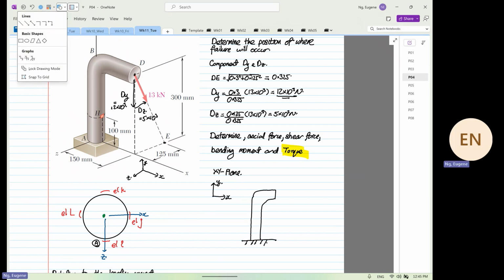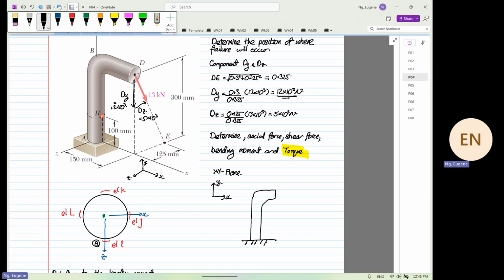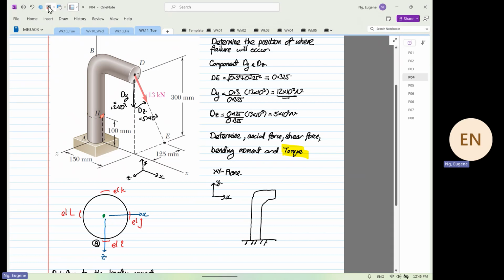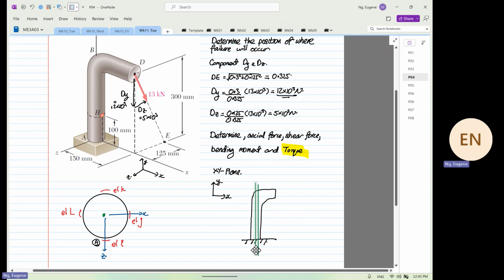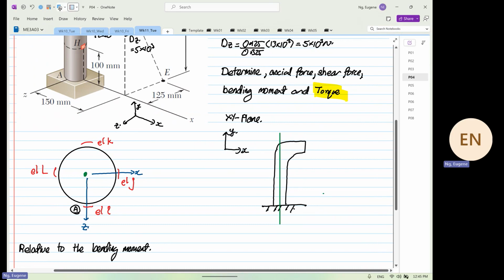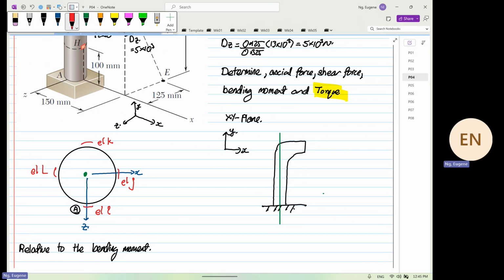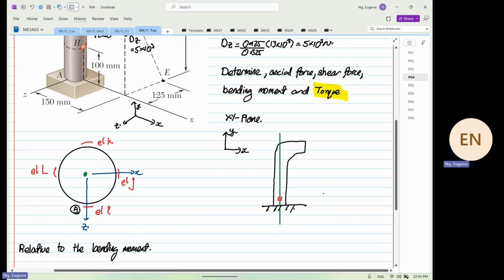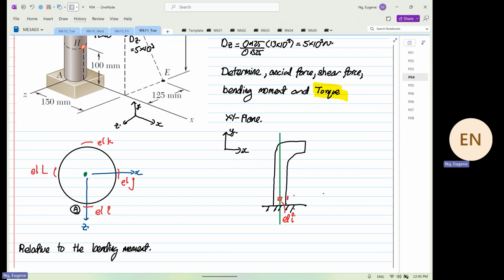At the same time, you determine the position of your geometric centroid relative to the point of interest. This is where the centroid is. Then, to ease your mind, start labeling where your elements are. Over here, this is element I, over here this is element J, and over here this is element L.